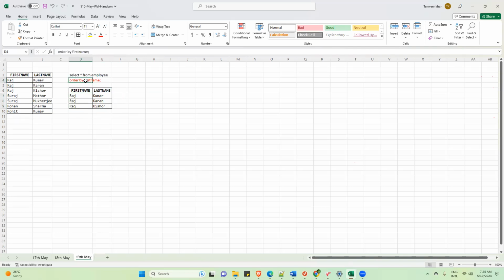Have you mentioned order by last name? No, you have not mentioned it. So the engine will not consider the last name column. It will just sort based on the first name. Even then, it is the wish of the SQL engine. It can display any record on top. Is this clear?